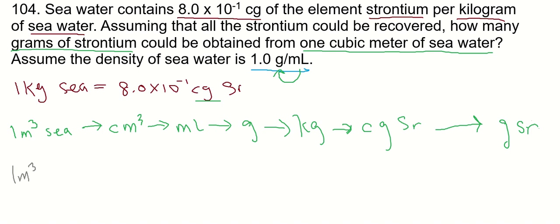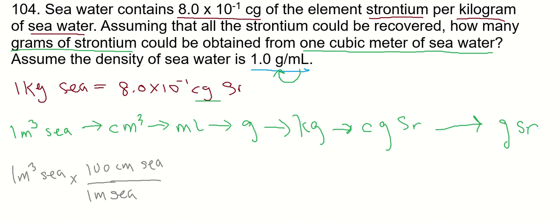I know it. So, all right, 1 cubic meter of seawater. Turn that into cubic centimeters. So 1 meter on the other side of the conversion factor to get rid of that, and there's 100 centimeters of seawater in 1 meter of seawater.